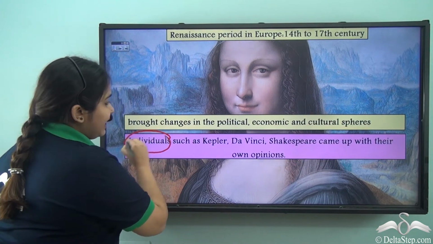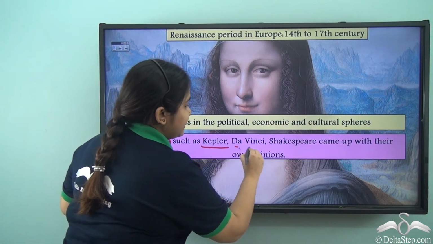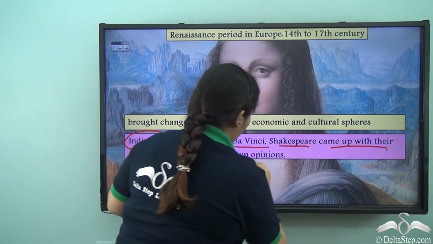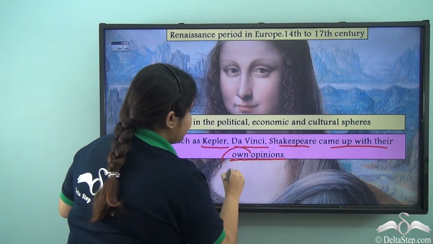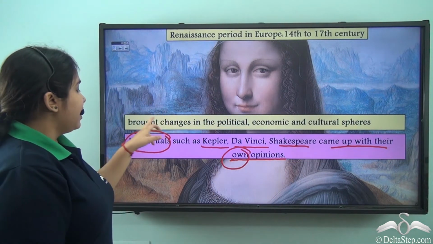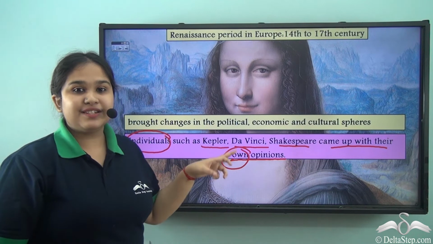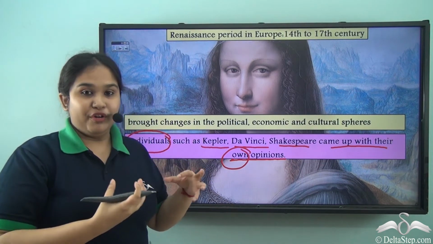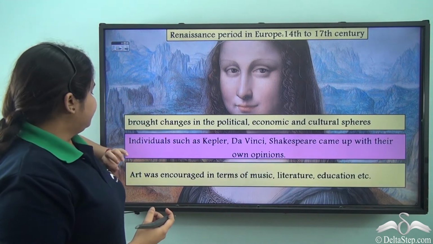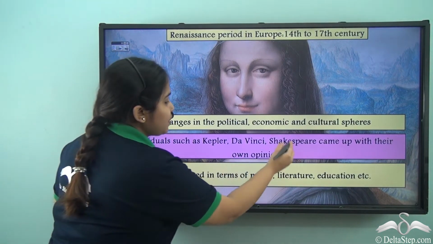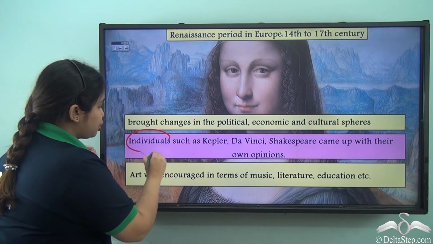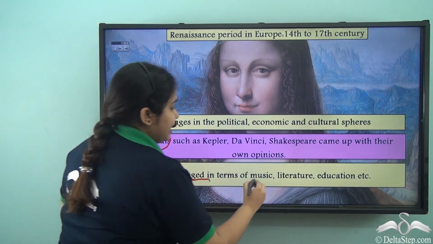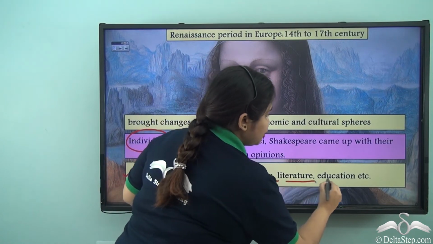Individuals like we see Kepler, we see Da Vinci, Shakespeare, they came up with their own opinions. So here we see therefore the rise of individualism, that humans are more and more becoming the core, right? And because of this individualistic approach, we see the growth of art that was being encouraged in terms of music, literature, education.